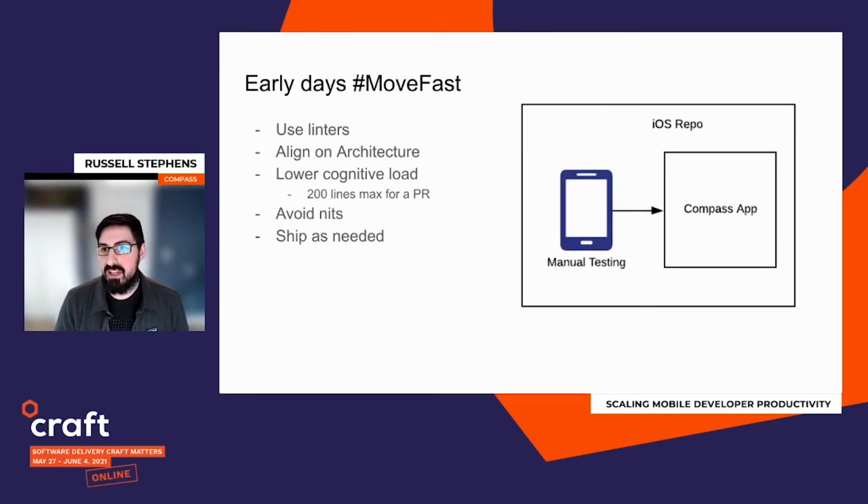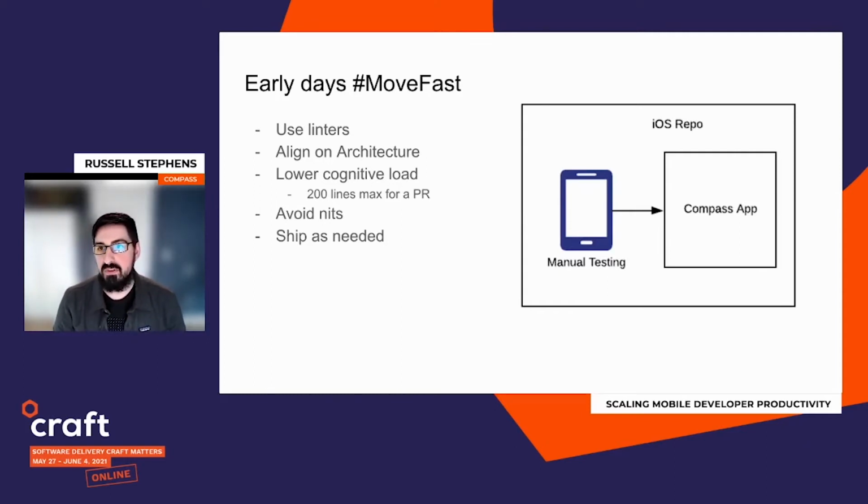You definitely want to align on the architecture that your company is going to use. You want to try and lower the cognitive load of PR reviews and just reviews in general. The more aligning you can do up front, either in person or on the ticket or in planning, is going to help you versus on the PR trying to solve the problem there.